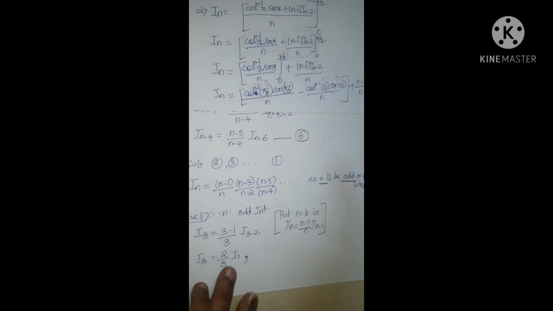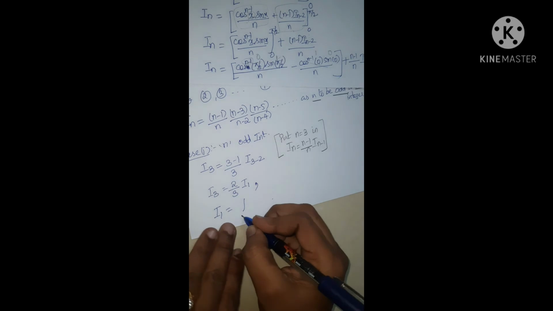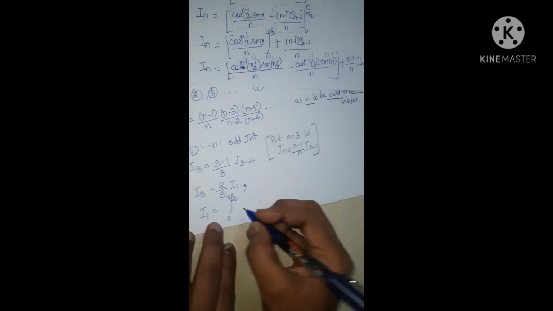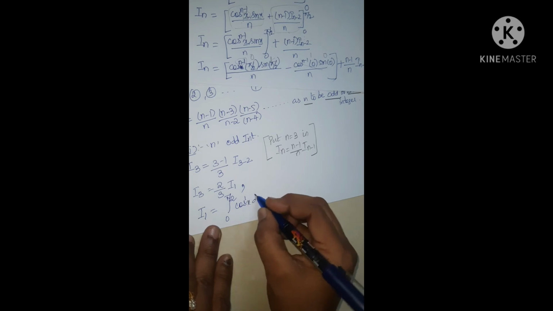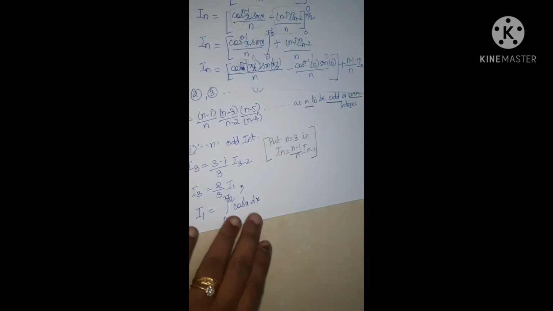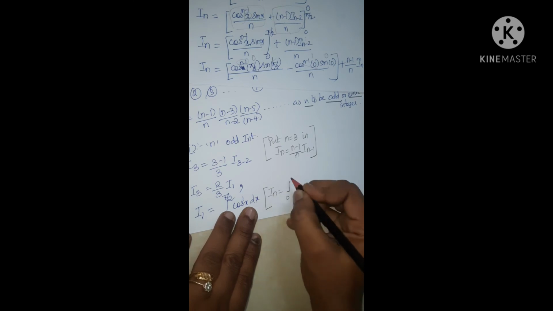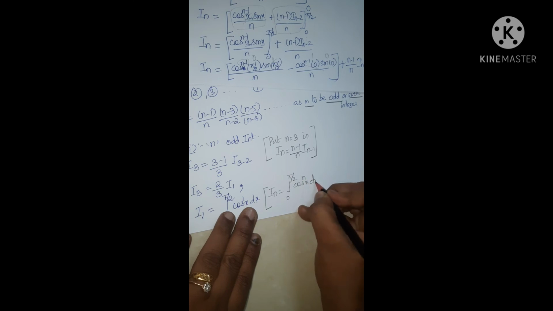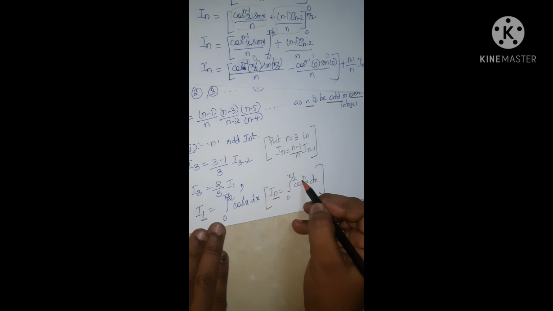So we have I 1 is equal to integral 0 to pi by 2 cos power 1 x dx. How do we get it? Because my original integral function is I n equal to 0 to pi by 2 cos power n x dx, in the place of n we put 1 to arrive at this expression.